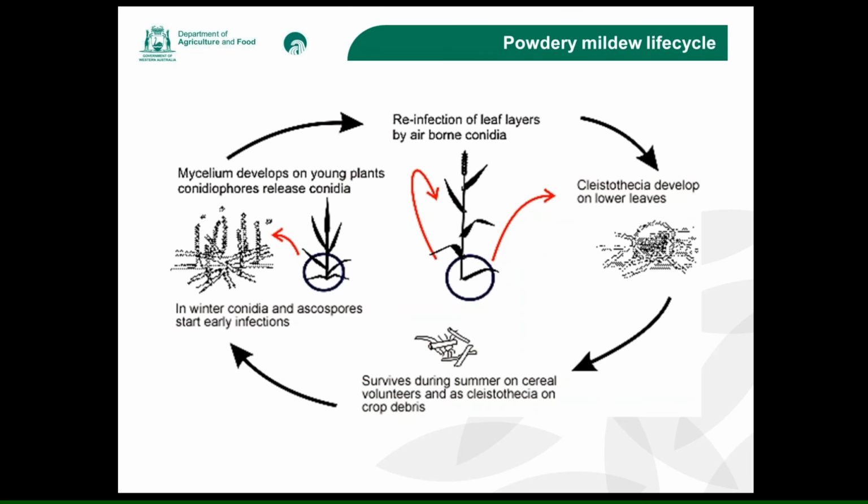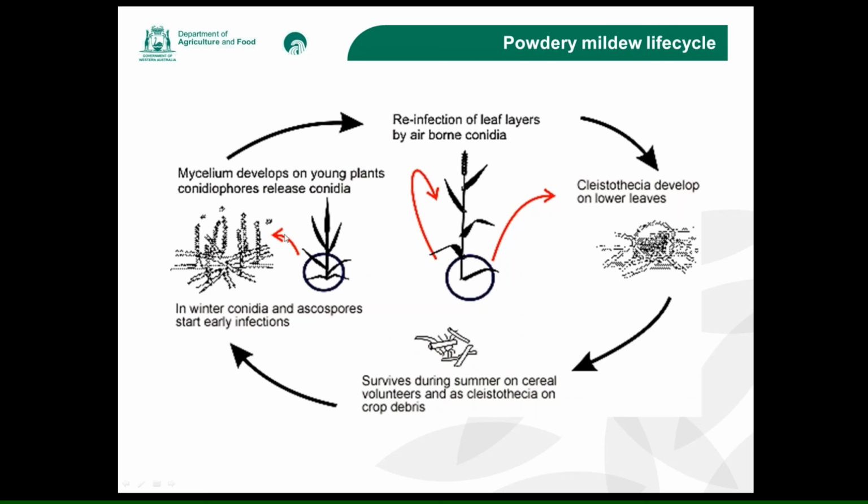So very quickly onto the life cycle of the disease, and as I said, we know a lot about this from barley, but just for the purposes of understanding, if we start at the beginning of the year, what we've got is survival of the powdery mildew fungus as those cleistothecia in crop debris, or in green material as conidia on the leaves surviving through the summer.